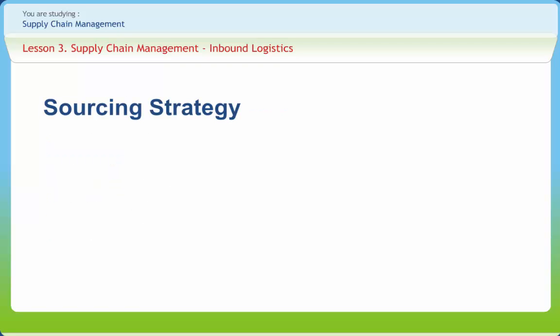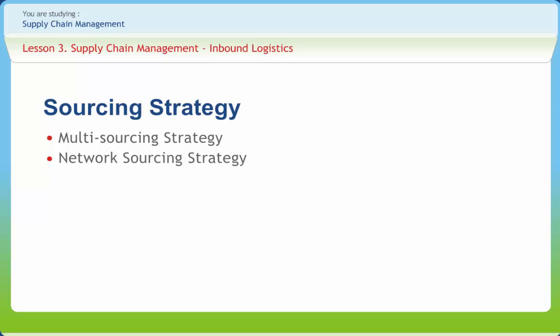The decision to source is determined by the strategy the firm may have for that category of item. There are basically three sourcing strategies that are combined in different ways. These strategies are the multi-sourcing strategy, network sourcing strategy, and single sourcing strategy.